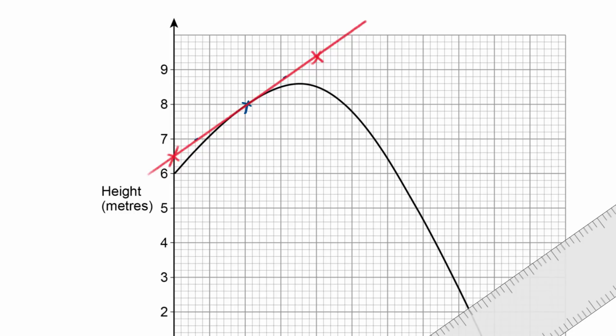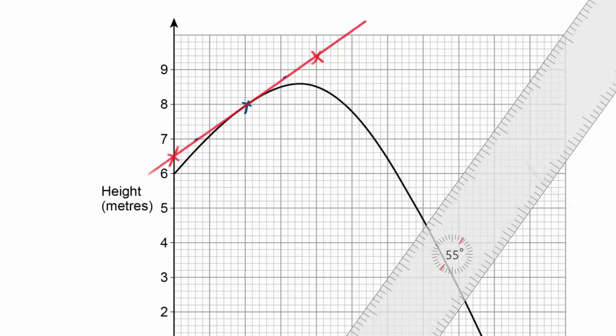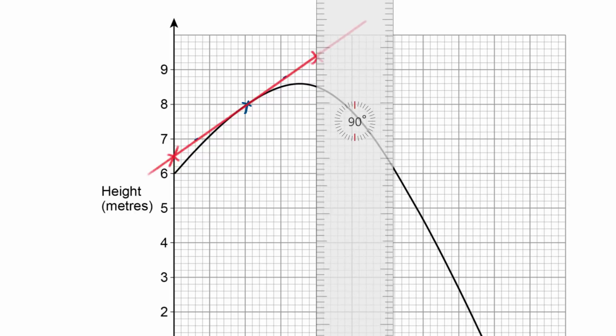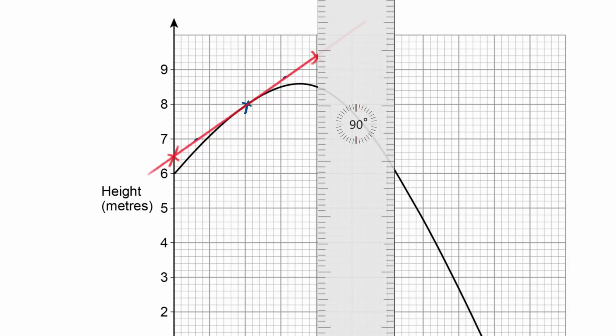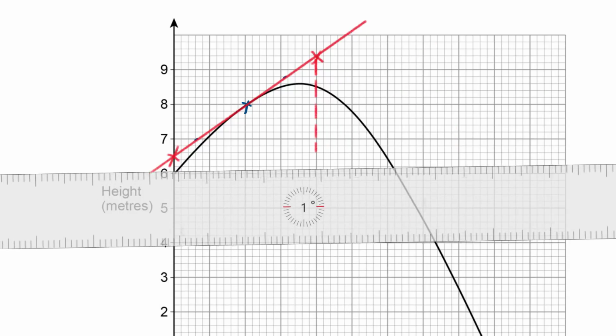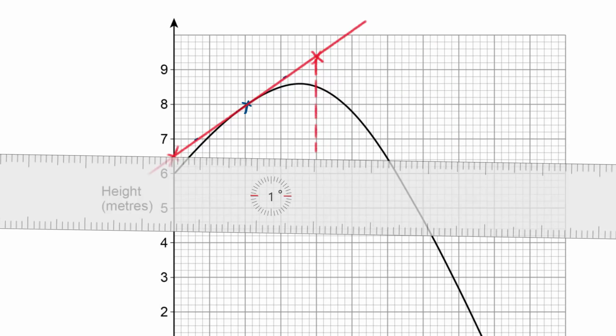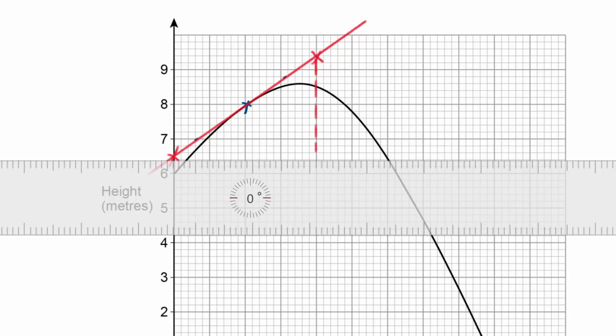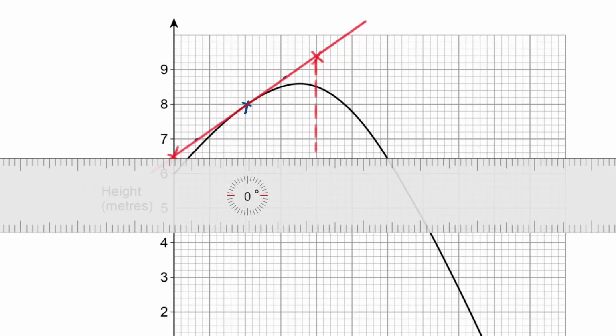So I'm taking a good length of the line, and so I can be quite accurate. Don't want to put your points too close together. So that's going to be my change in y, and then my change in x is here.